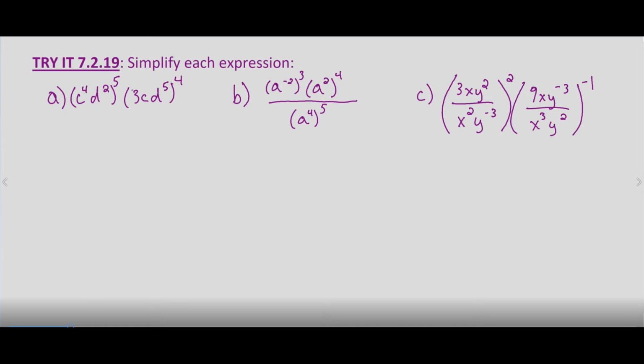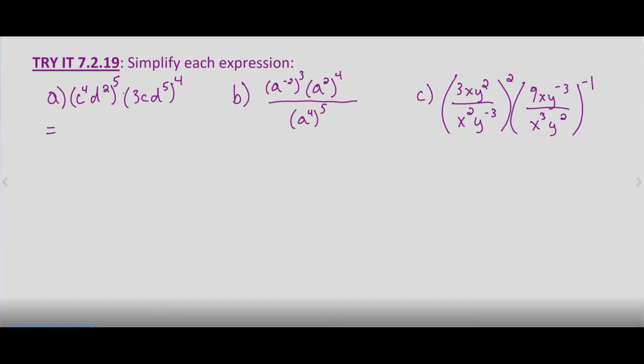For instance, we can't multiply anything together in these two separate terms in part A until we distribute the exponent, because we're taking a product to a power, so we can distribute the exponent. So let's go ahead and do that first.